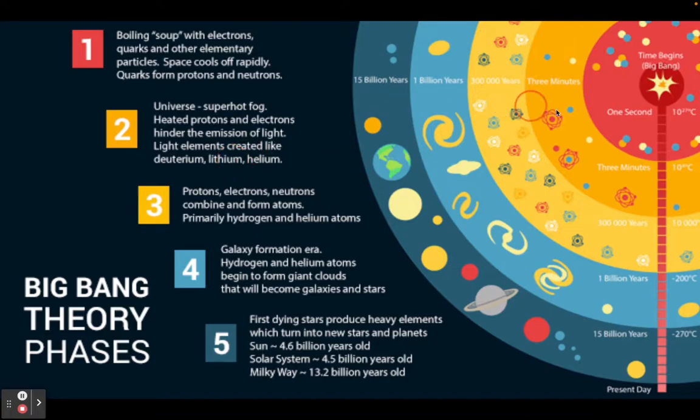And you can see that the first two phases correspond to the picture over here. The first phase is about 1 second, and you can see the temperature is like 10 to the 27, very, very hot. And then 3 minutes after the Big Bang, you've got the second phase.